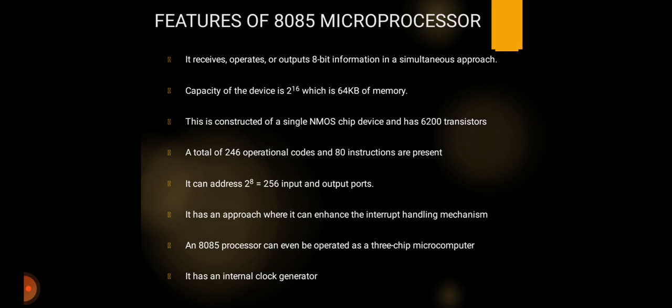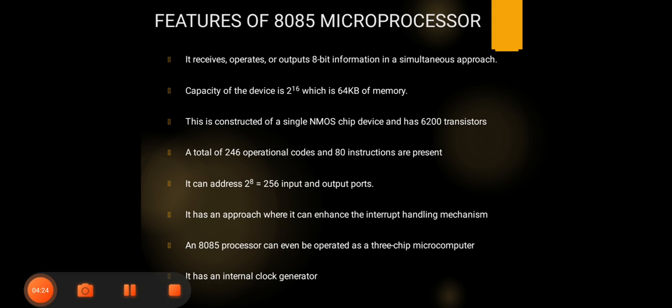A total of 246 operational codes and 80 instructions are present in this microprocessor. It can address up to 2^8, that is 256 input and output ports. Also, it has an enhanced interrupt handling mechanism. The 8085 processor can even be operated as a 3-chip microcomputer, and it has an internal clock generator also.